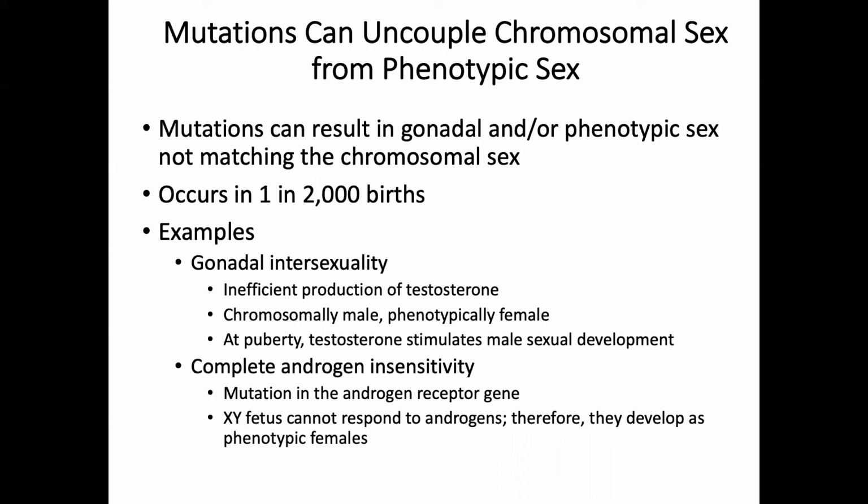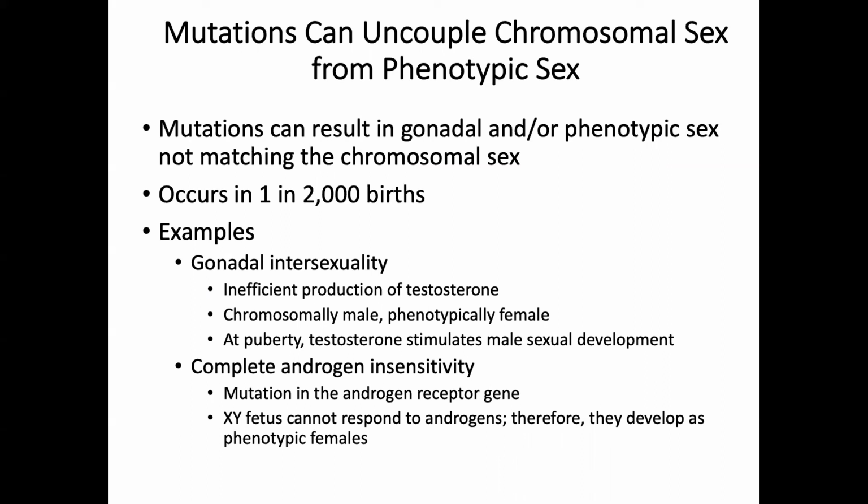Okay, another example is called complete androgen insensitivity. Testosterone is a type of androgen and functions through binding and activating its receptor. This receptor protein is called the androgen receptor.